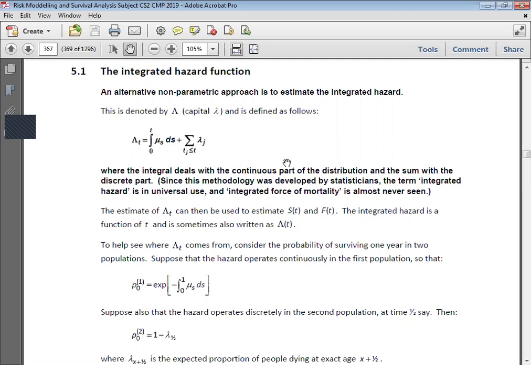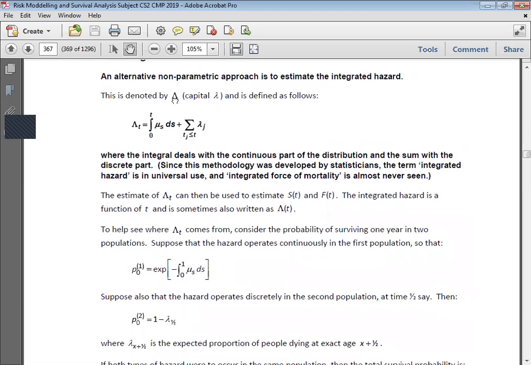Now here they say that this thing that they're denoting by capital lambda just represents the cumulative hazard function. When I'm talking about hazard function, I can say that is for so and so time intervals. But when I'm talking about cumulative, it means I'm summing it up for every time less than or equal to some t that I can specify.